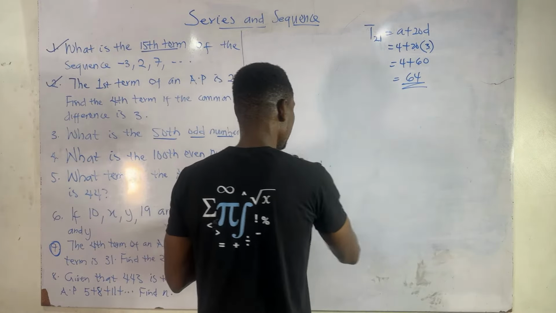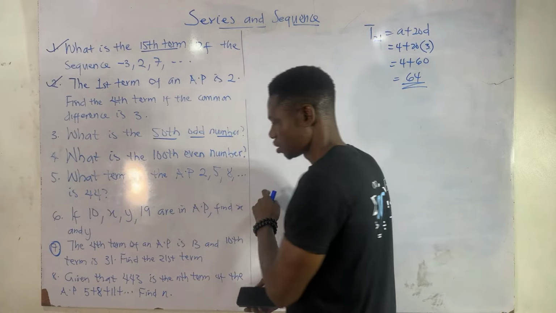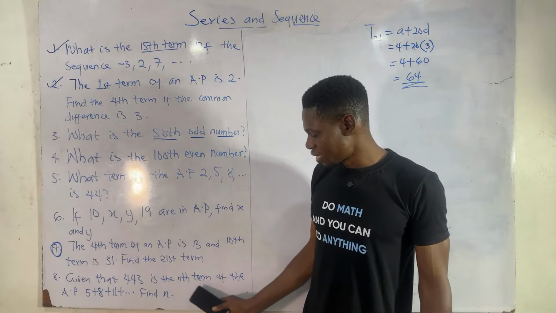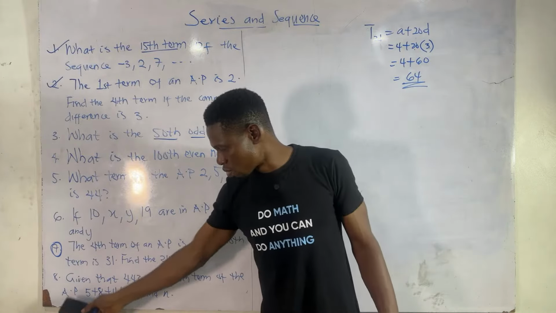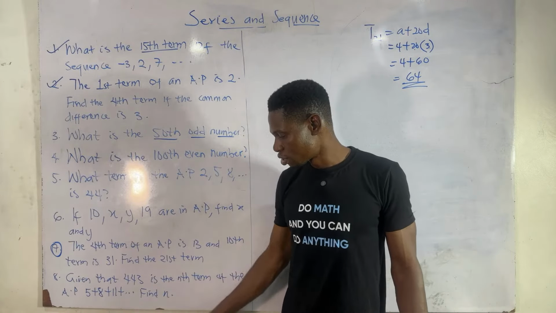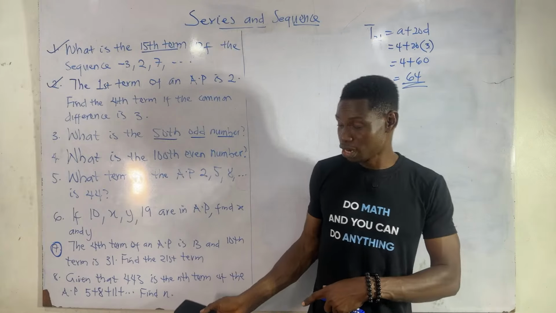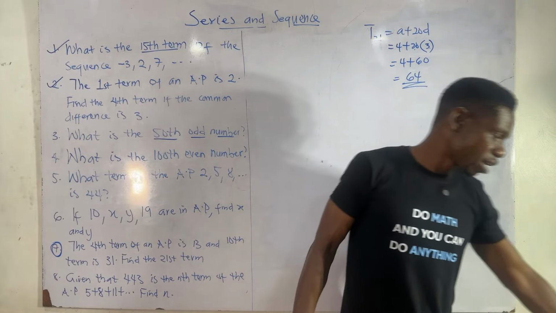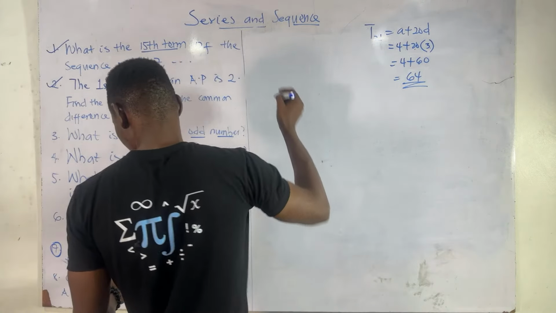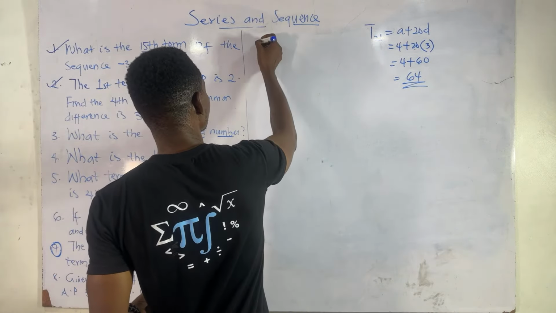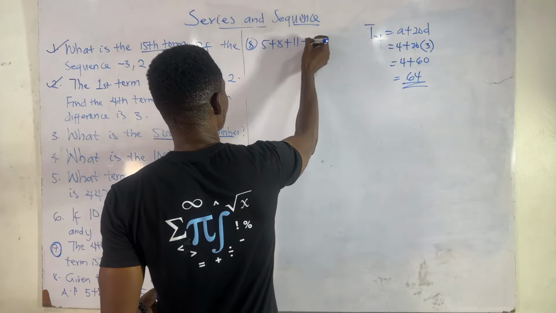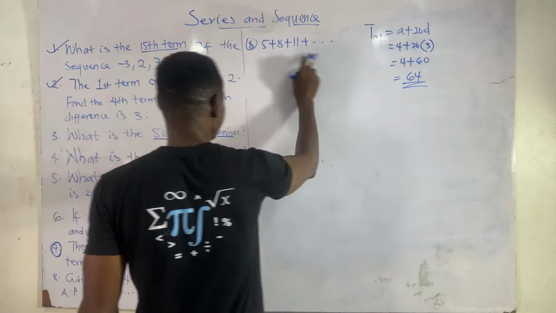So check, can you see number 8 question clearly? It says, given that 443 is the nth term of the arithmetic progression, 5 plus 8 plus 11 plus dot dot dot, find n. Can you see the question clearly? Question 8. You have an AP that is 5 plus 8 plus 11 plus dot dot dot. So this is the AP.